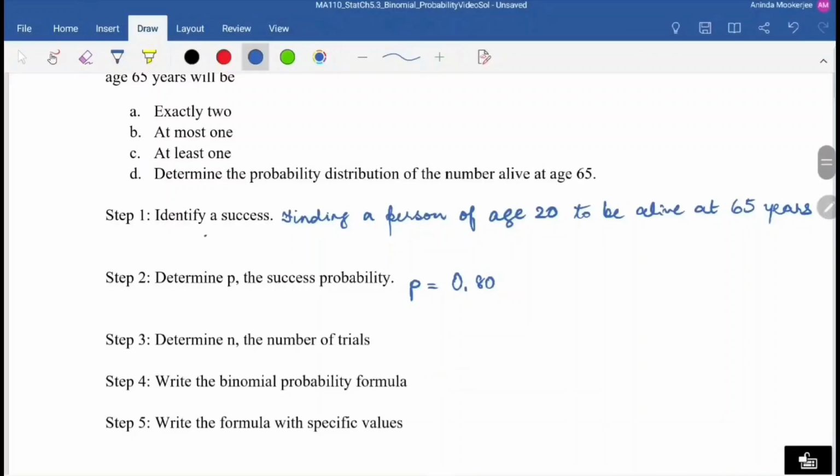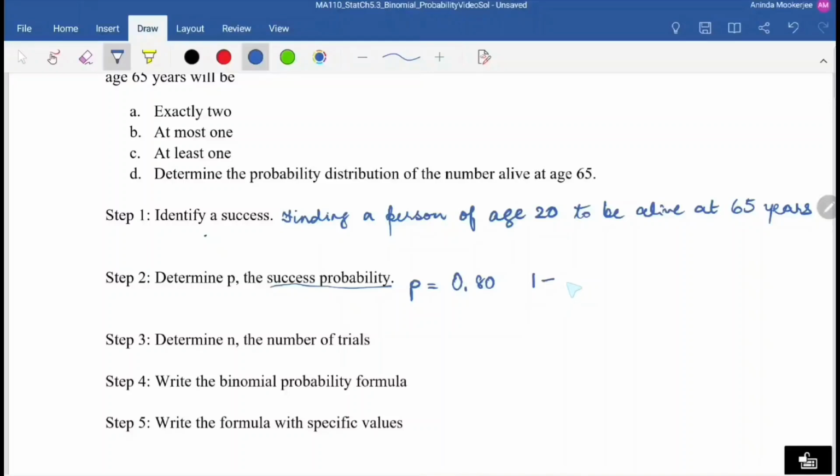Now, at the same time, we can also calculate our failure probability. Success probability is 0.8. However, the failure probability is 1 minus whatever the success probability is.